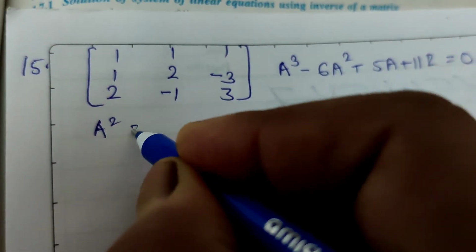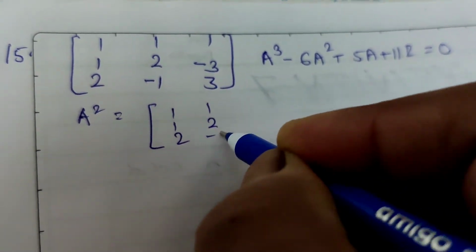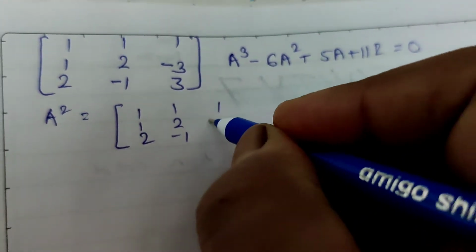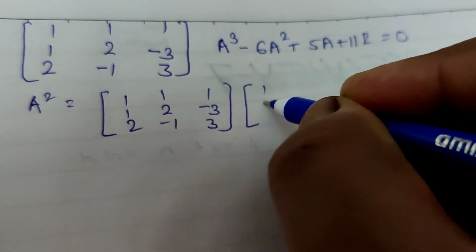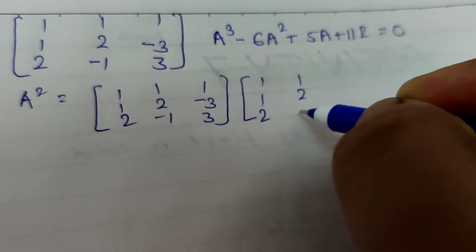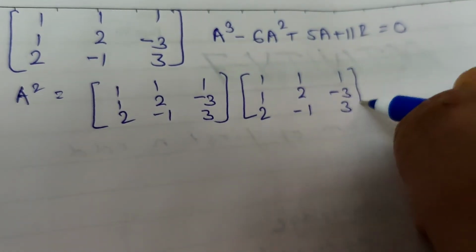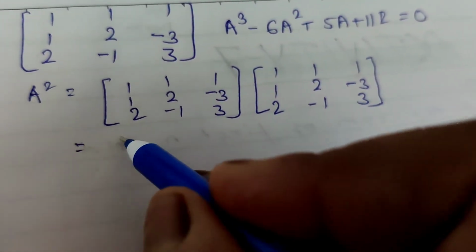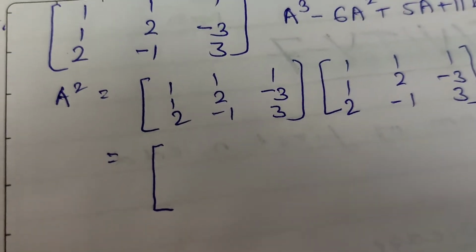A square equal to 1, 1, 1, 1, 2, minus 3, 2, minus 1, 3, and multiply to the same matrix. Now multiply and you will get the answer of A square.